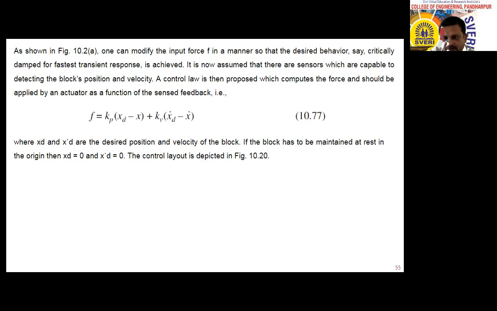If the block has to be maintained at rest at the origin, then xd is equal to 0, therefore xd dot is also 0. The control layout is depicted in figure 10.20.